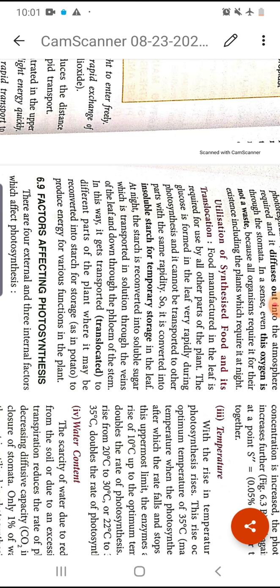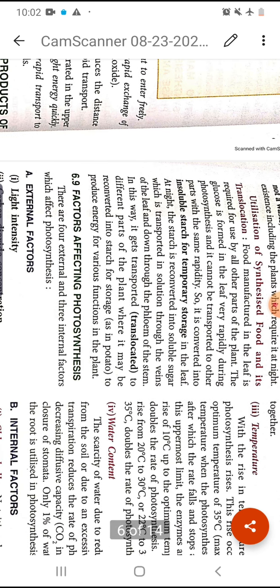Now utilization of synthesized foods and its translocation. So food which is manufactured during this process can be transported to all the parts of the plant, so that there is proper growth and development of the plant.